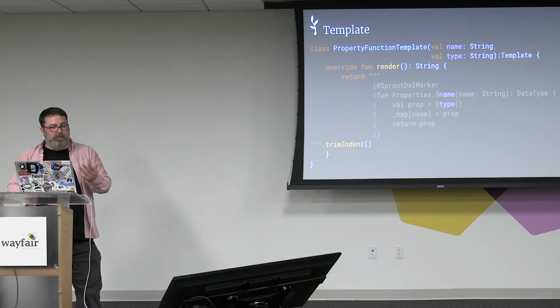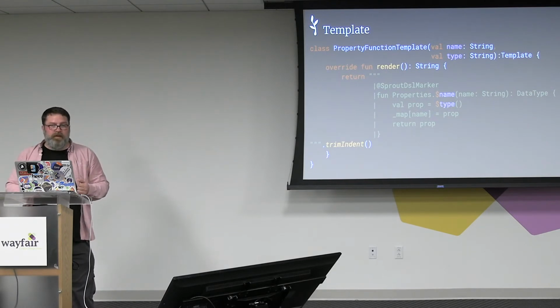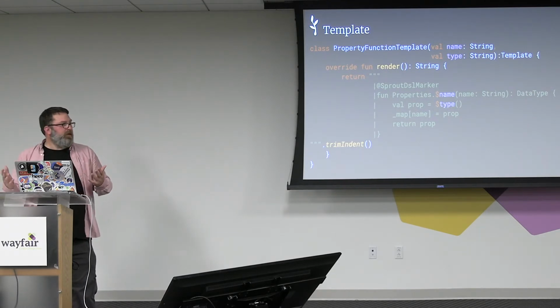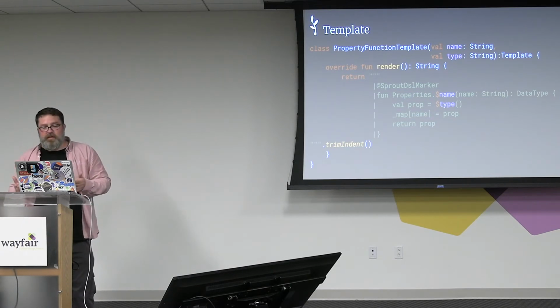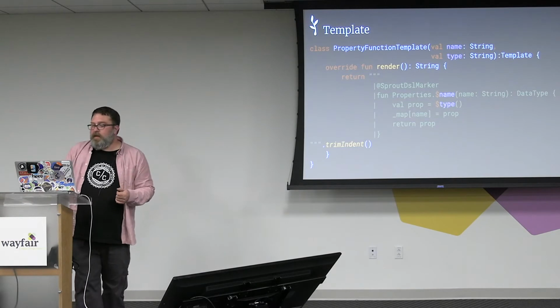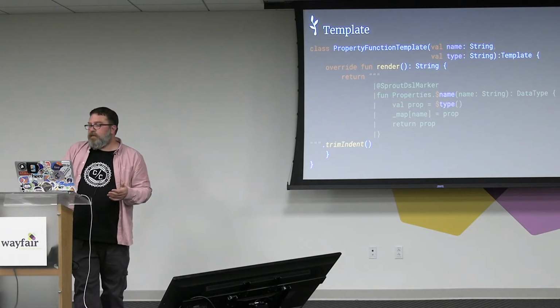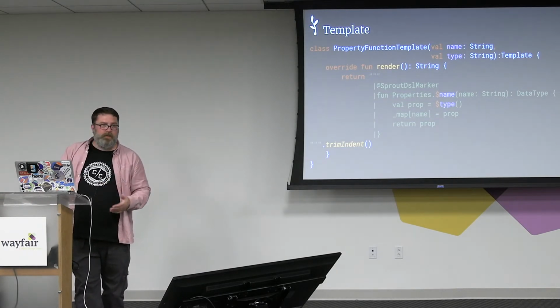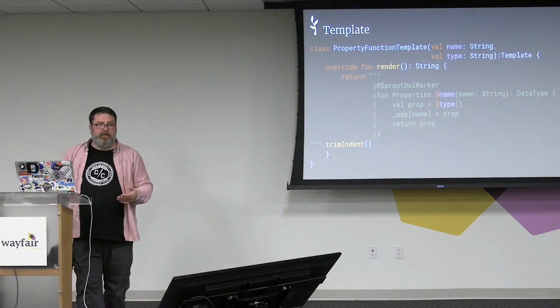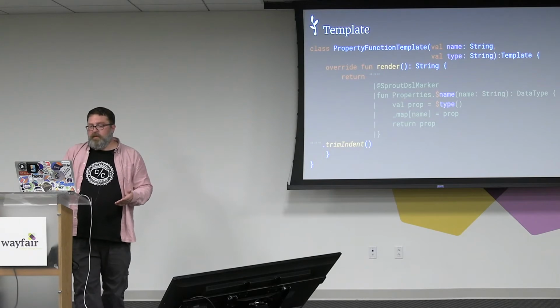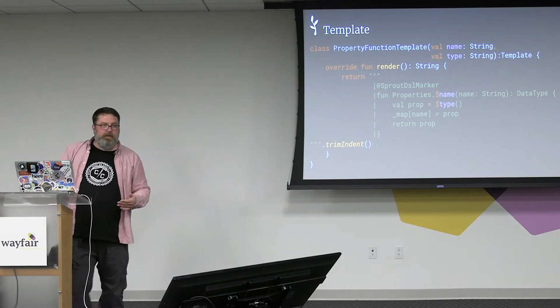And then finally, the templates. If you're not familiar with templates, I don't know what to tell you, actually, but the template is just the code that we're going to generate. The nice thing is, because it's very machine readable and machine writable, we can use Kotlin's fantastic string handling and multi-line strings without any fancy templating language.